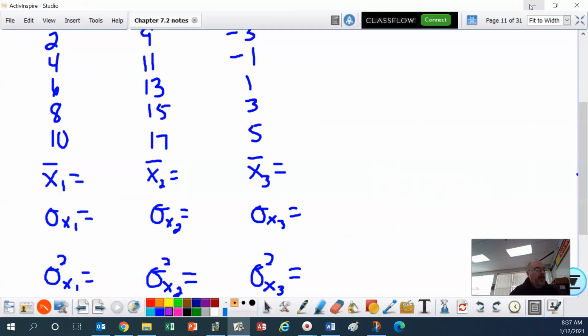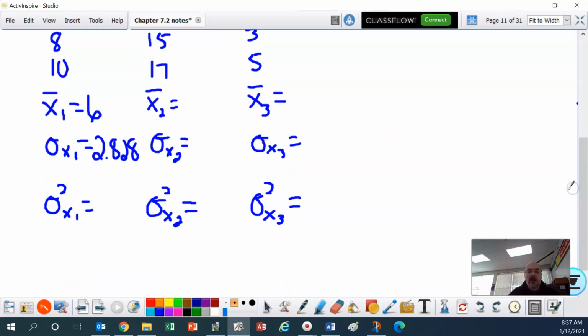So the mean is 6. Let me switch colors here. The mean is 6. The standard deviation is 2.828. All right, and if I take the standard deviation and I square that, folks, remember that's the variance.